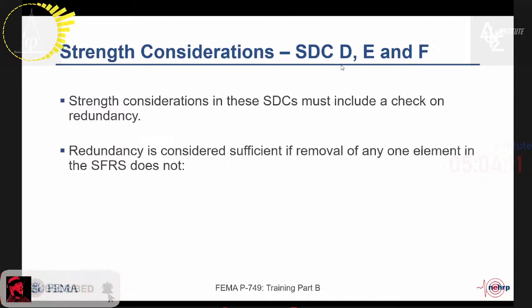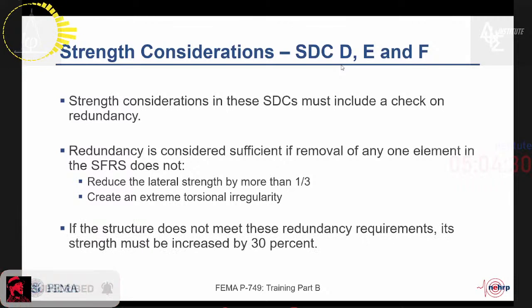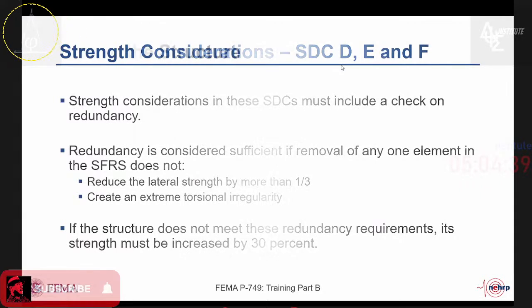Redundancy is considered sufficient if removal of any one element in the seismic force resisting system, for example, a brace in a braced frame structure, does not reduce the lateral strength of the structure by more than 1/3, or does not create an extreme torsional irregularity. If neither of those conditions is correct, then the structure is assumed to be non-redundant, and seismic forces and strength of the structure must be increased by 30%.